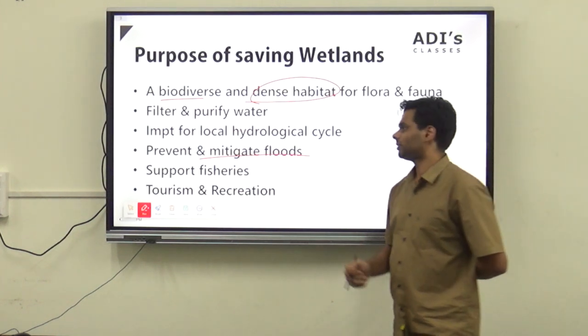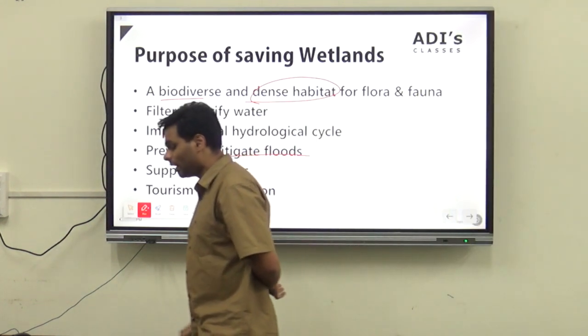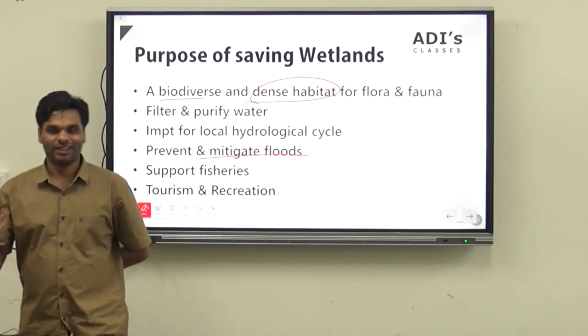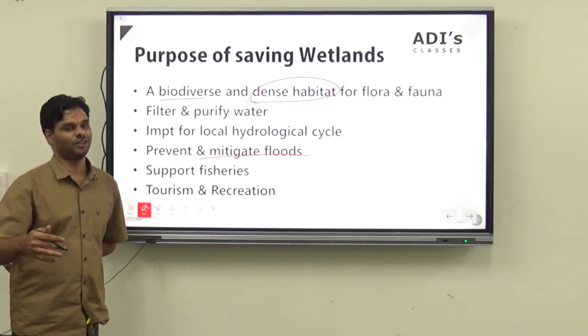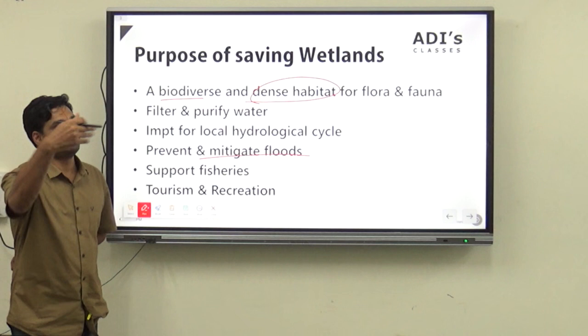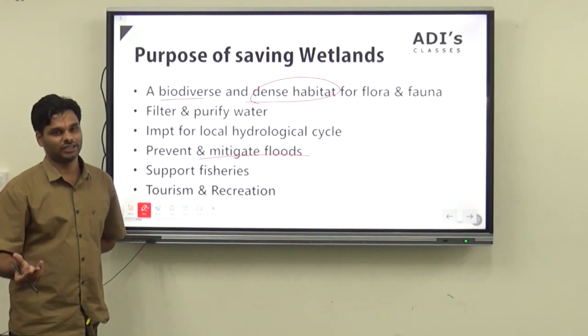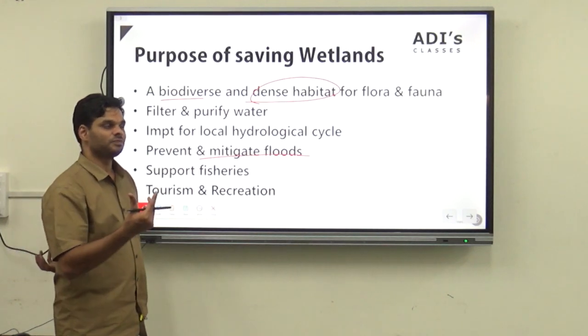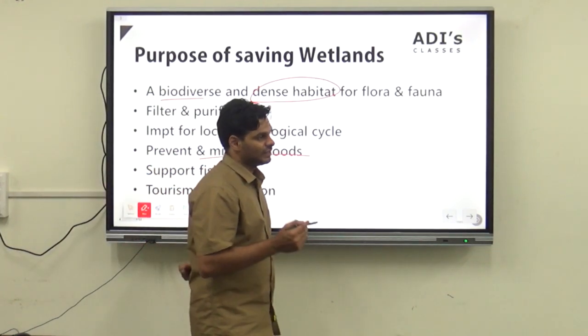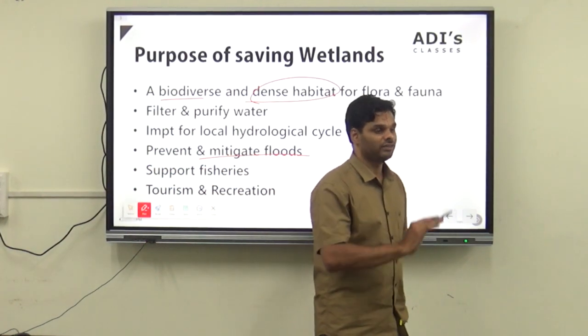Now, anything that we do for conservation or protection, humans need to have an angle to it. We always look at our advantages due to that. So, like we have been saying, these regions are very biodiverse.